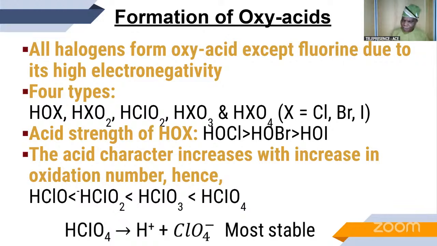Then oxidation states for halogens, we have -1 in all, except fluorine, +1, +3, +4, +5, +7 oxidation states exist for chlorine.